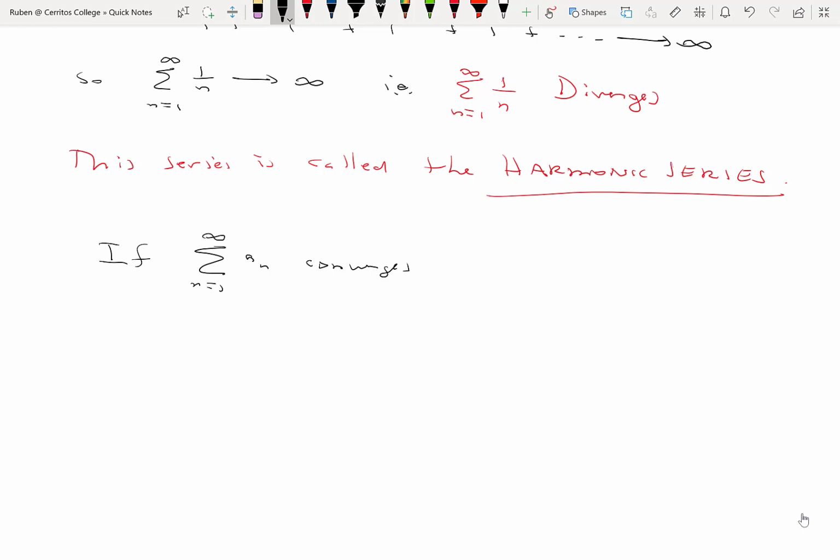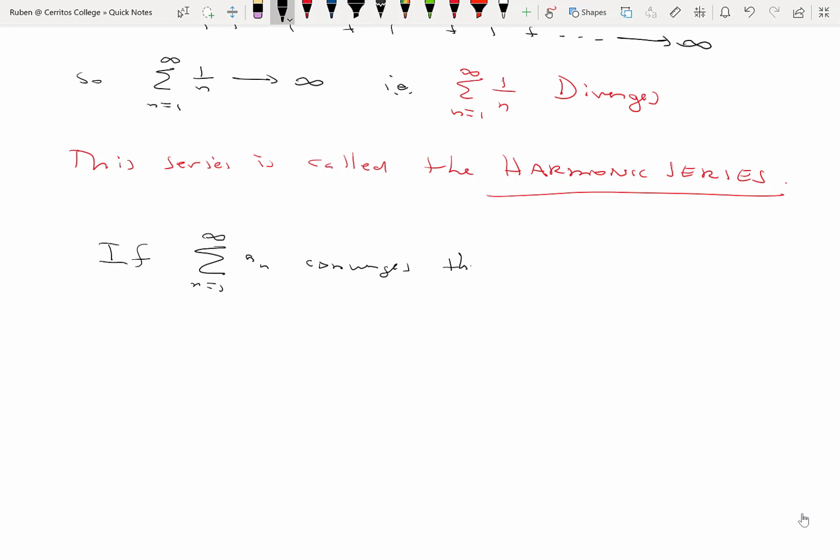What must the individual terms approach? If we keep eating more and more slices of pizza, then what must be happening with the individual pieces of pizza as time goes on? They'd better be shrinking down to nothing.